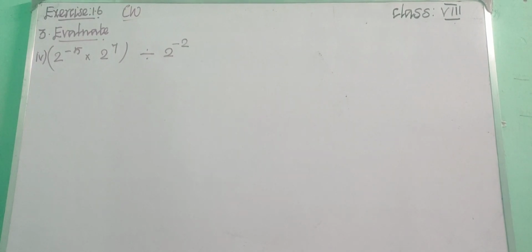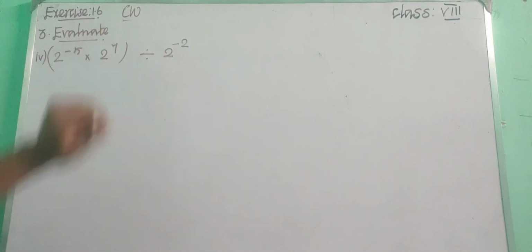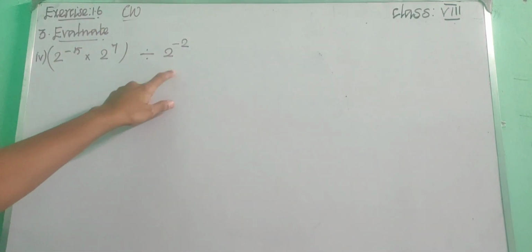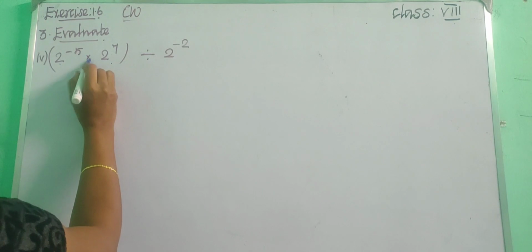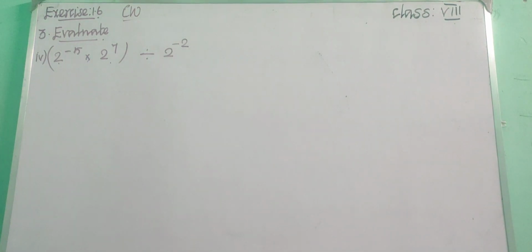Okay, so we are going to evaluate this. That means we need to find the final answer. See here, we have 2 power minus 5 into 2 power 7 divided by 2 power minus 2. Okay children, first of all let us solve the brackets. We have the same bases, the symbol is multiply and the powers are different, so we can apply the product law, right?